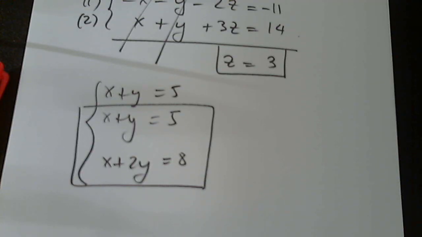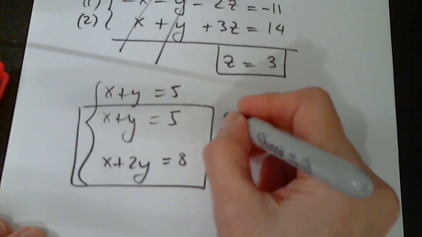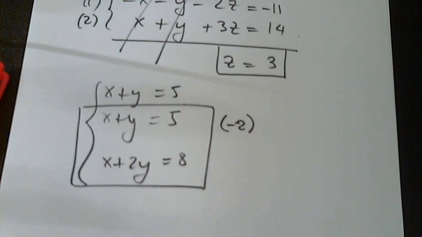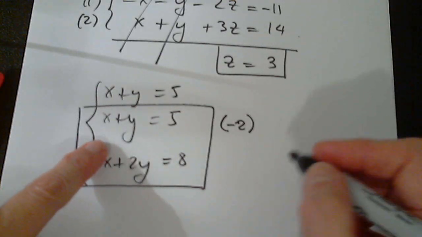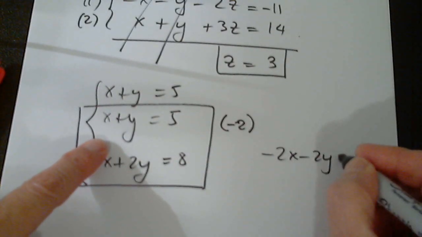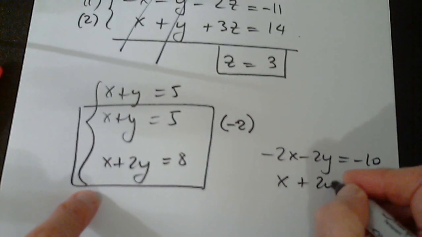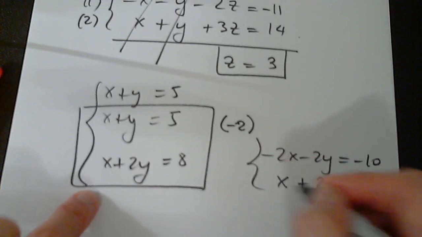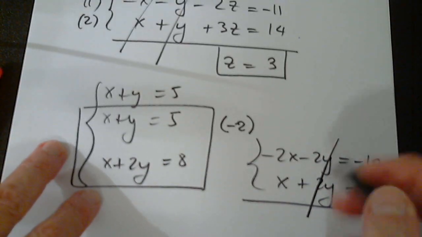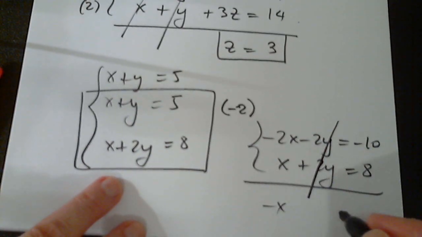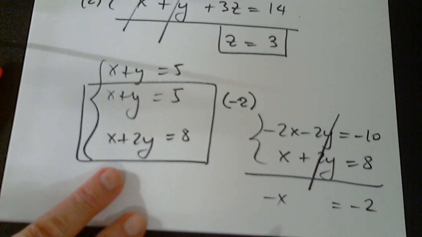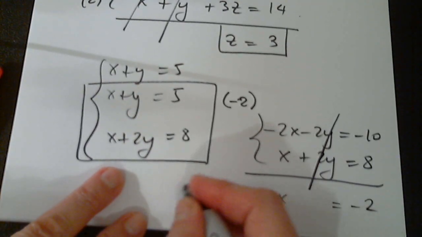Let's eliminate y. Okay, if you want to eliminate y, it means that we have to multiply the first equation both sides by -2. So -2x and -2y equals -10, and x plus 2y equals 8. -x equals -2. x equals 2.